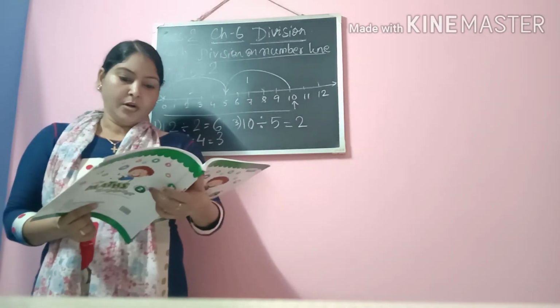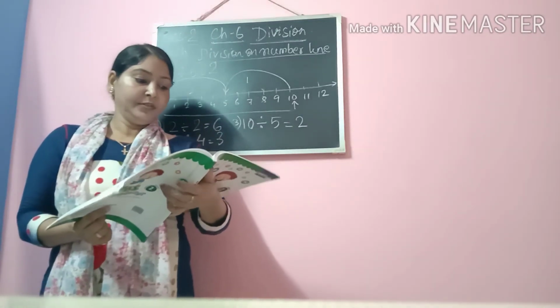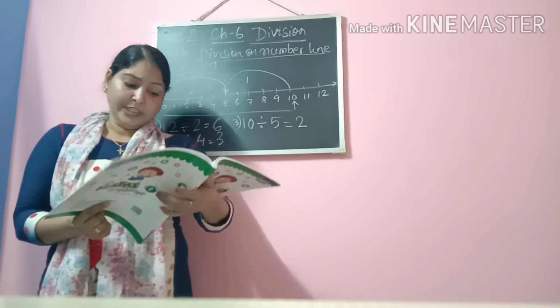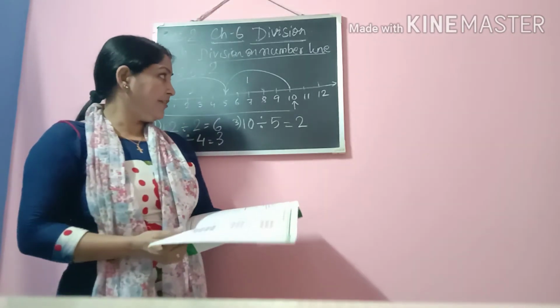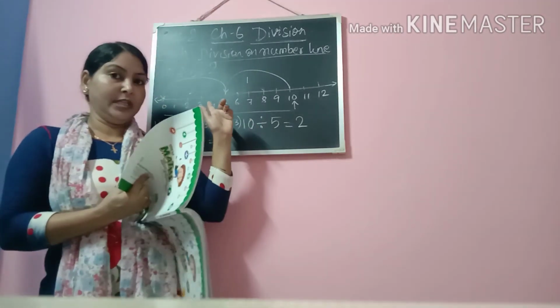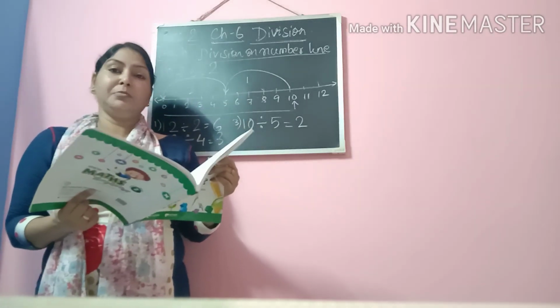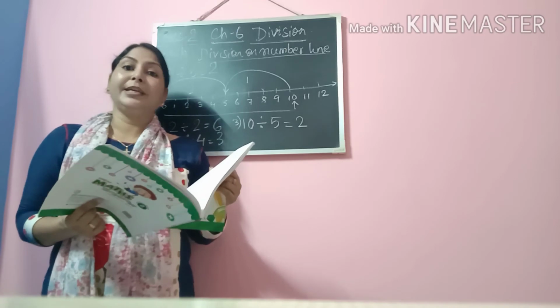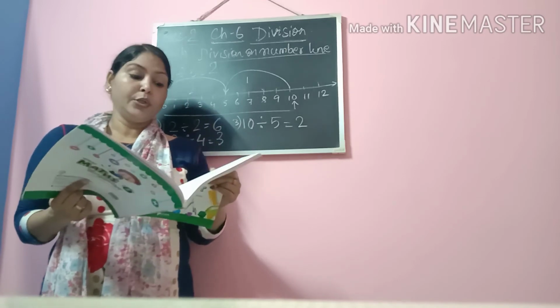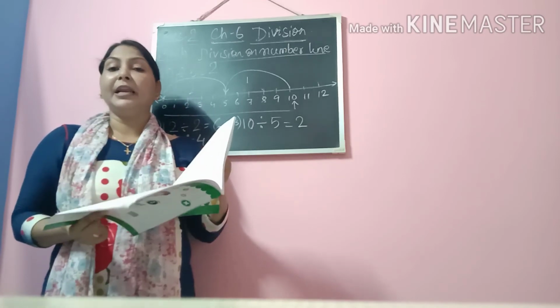Now in your book, page number 90, you will see few questions are given, and apart from this you will copy down these questions, and I will be giving you few more questions based on this, and you will do it in your copy. I am not going to draw the number line for you.